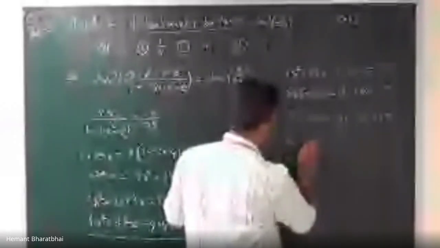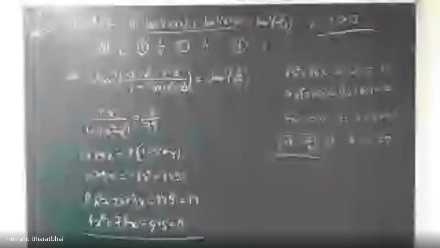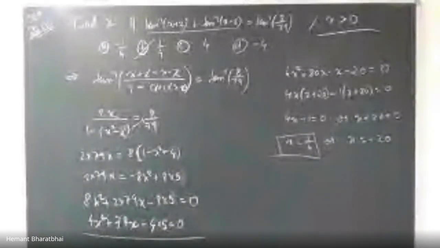So here you will get x equals 1 by 4, or x equals minus 20. But the question says that my value of x should be greater than 0, so my answer should be 1 by 4. So my answer is option number B, that is 1 by 4. Is it clear? Let's do the next.